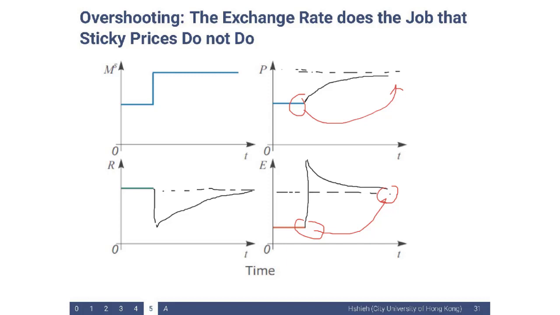But as price levels increase one for one with the increase in money supply over time, monetary policy results are undone. But because of change in expectations, E still will increase to a higher level, despite having a large spike due to this stickiness in prices here.